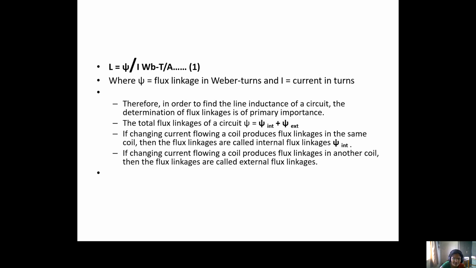If a changing current flowing through a coil produces flux linkages in the same coil, then the flux linkages are called internal flux linkages.